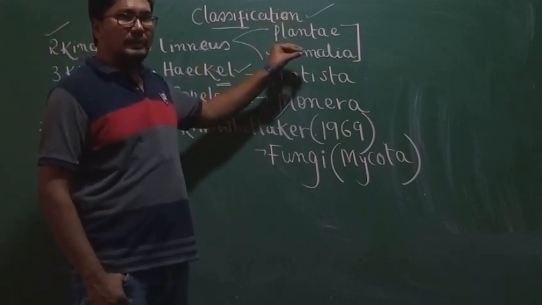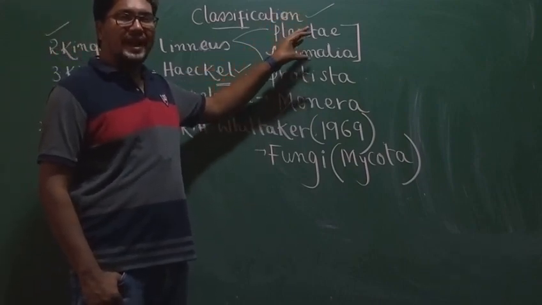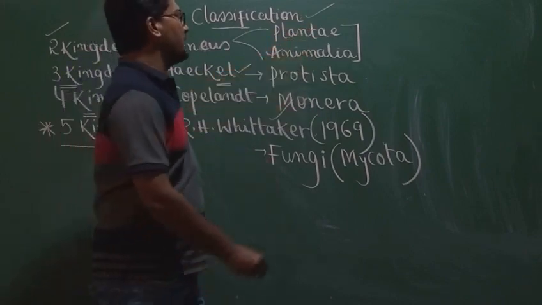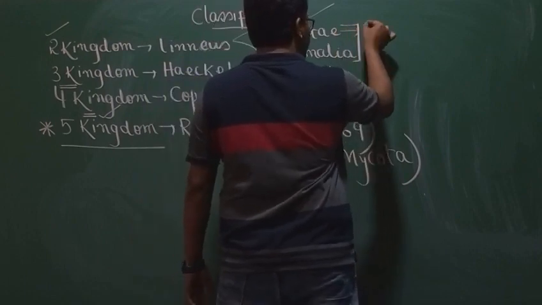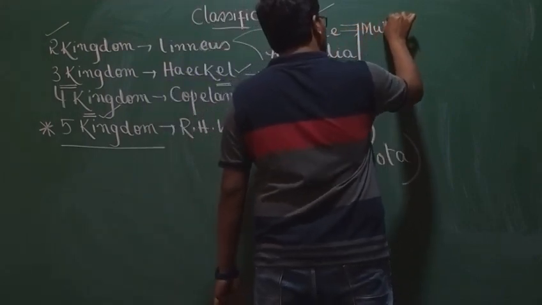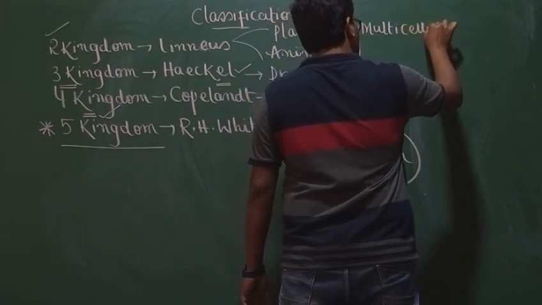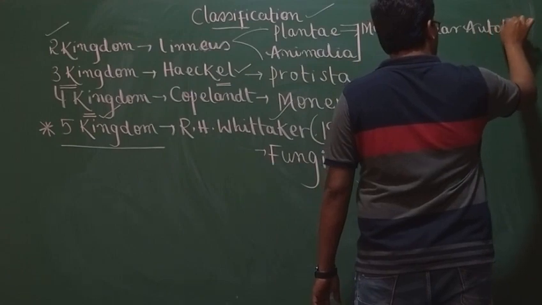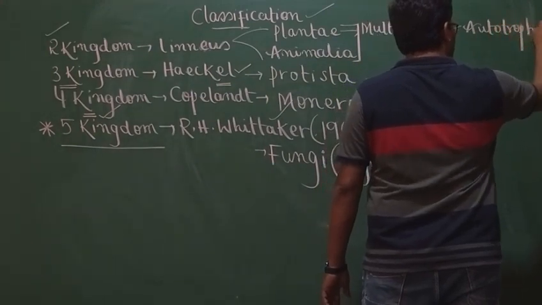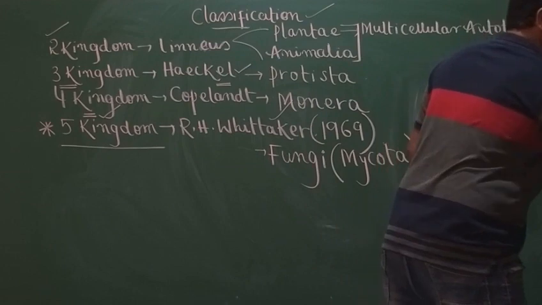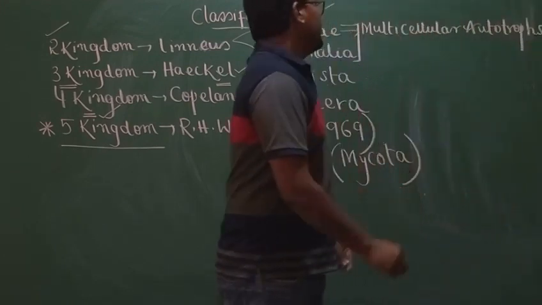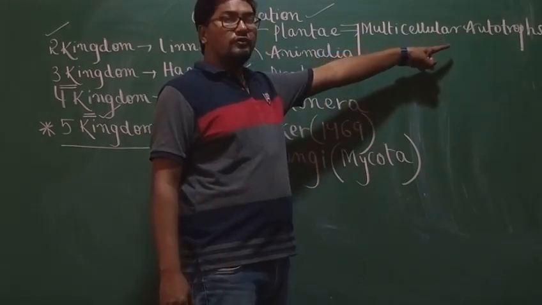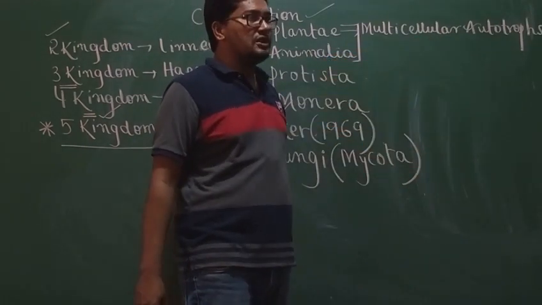Plantae. All the green plants, all the chlorophyll containing plants which can perform photosynthesis, are included in Plantae. So that's why Plantae is the kingdom of multicellular autotrophs, isn't it? Because all the plants, their bodies are made up of millions of cells and they can synthesize their own food because they can perform photosynthesis.